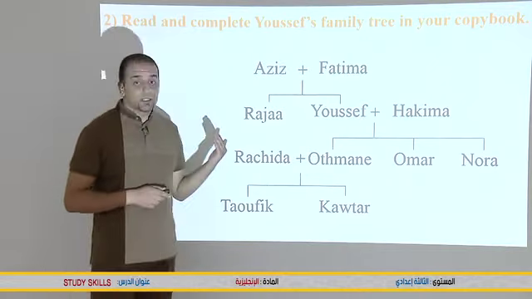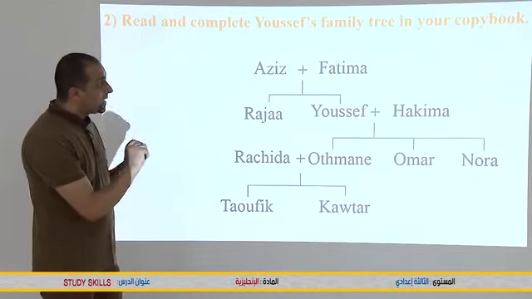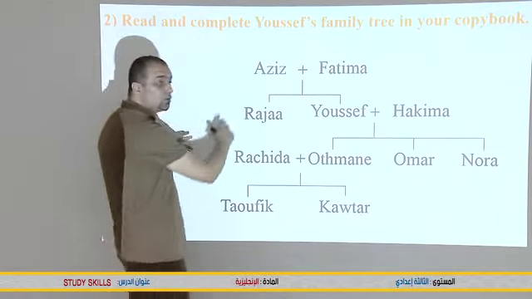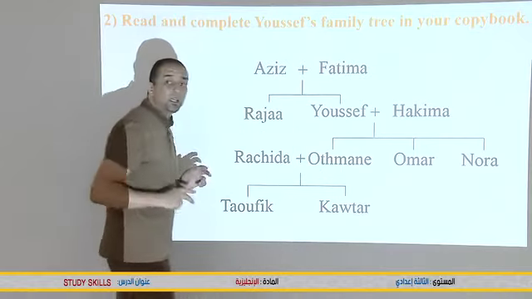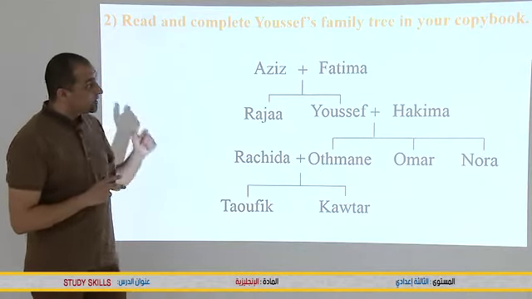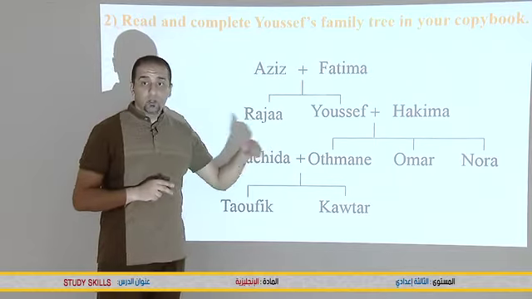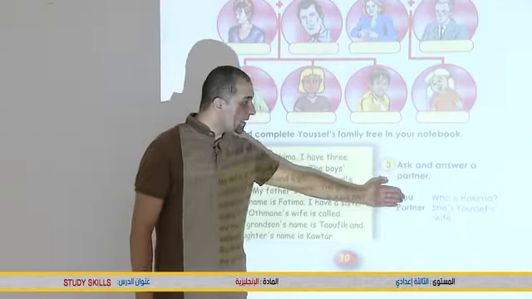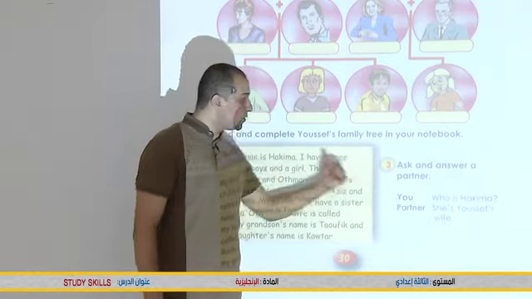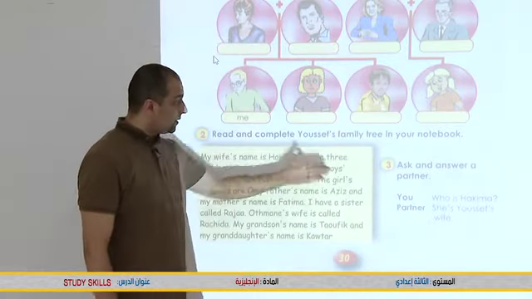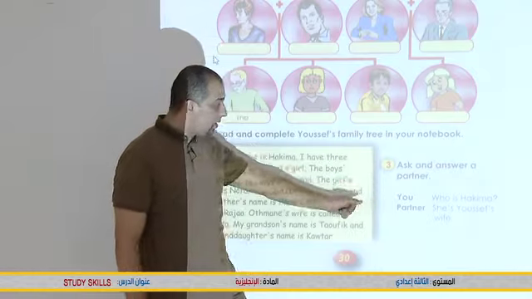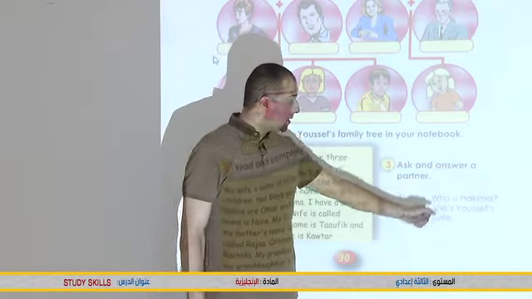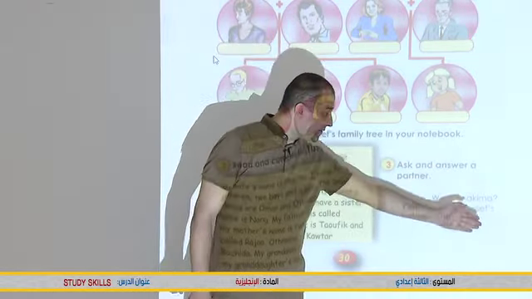Then, in exercise 3, which is number 3 in your textbook, we are going to write sentences according to Yusuf's family tree. We are going to ask and answer questions according to Yusuf's family tree. The example given to us is, who is Hakima? Hakima is Yusuf's wife.